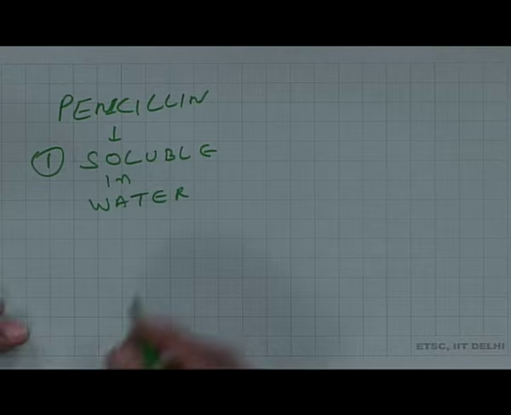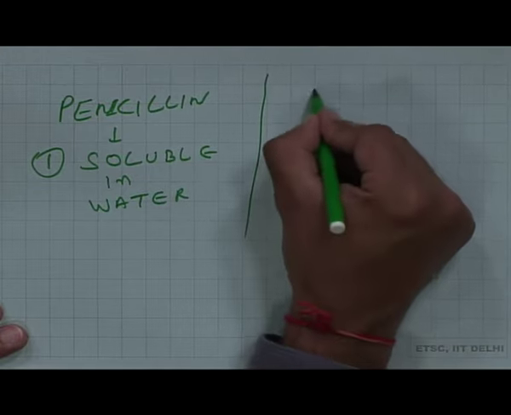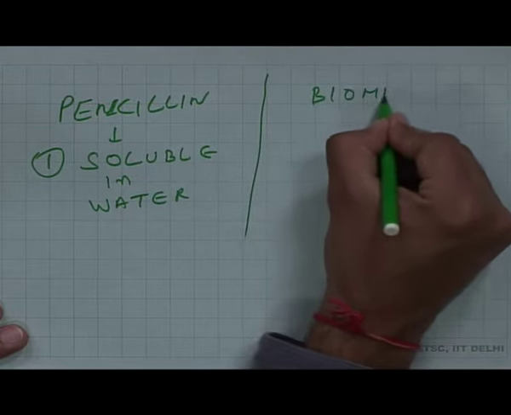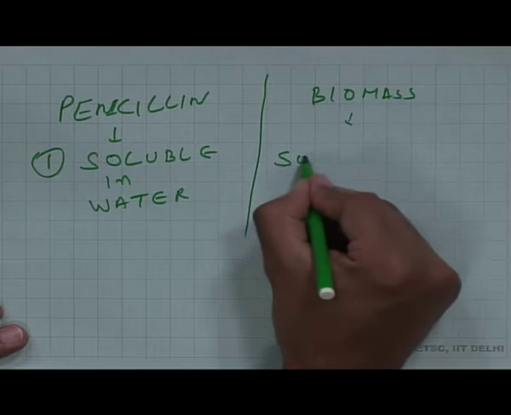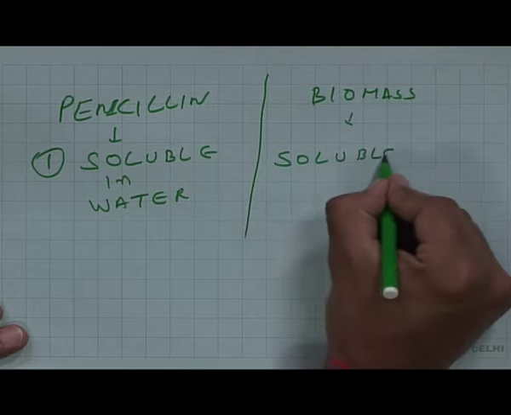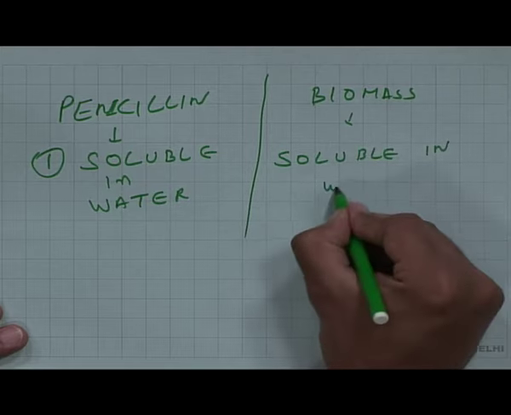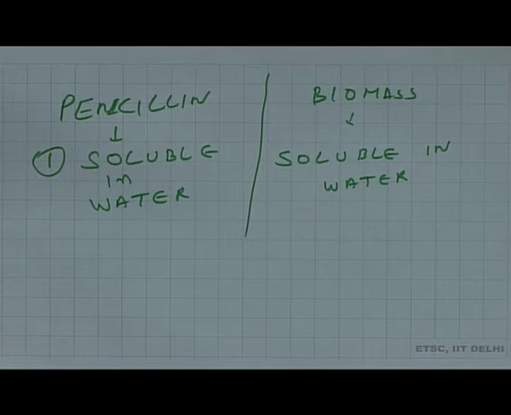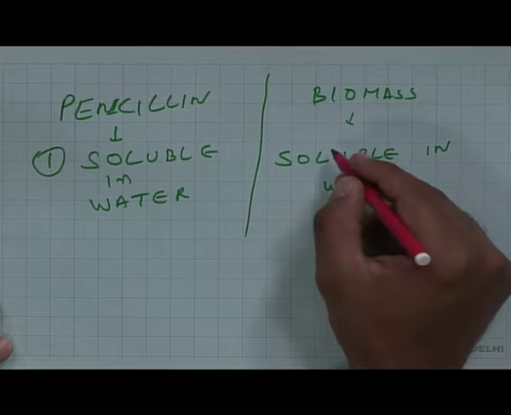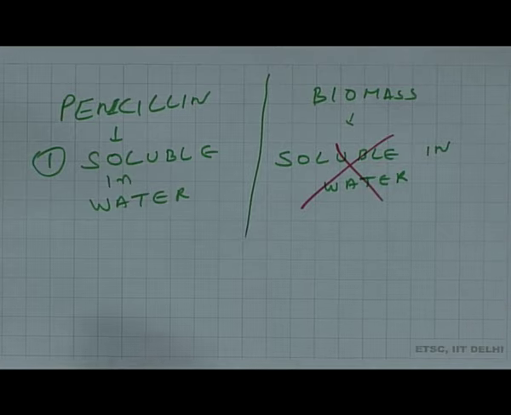Okay. So, penicillin is soluble in water. What about biomass? Is it soluble in water, or is it insoluble in water? It is insoluble in water, it cannot be soluble in water.